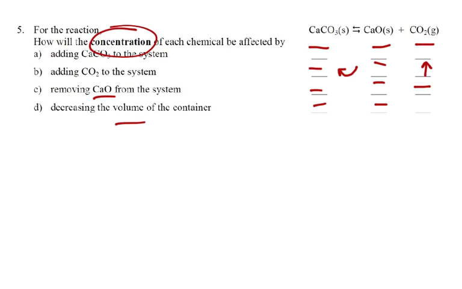Decreasing the volume of the container. This side on the left has 0 moles of gas, where the right side has 1 mole of gas. So if we decrease the volume, the stress is we don't have enough room, so we're going to shift to the left, the side with fewer moles of gas, so the CO2 goes down.